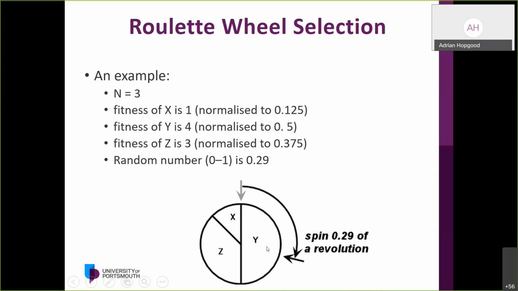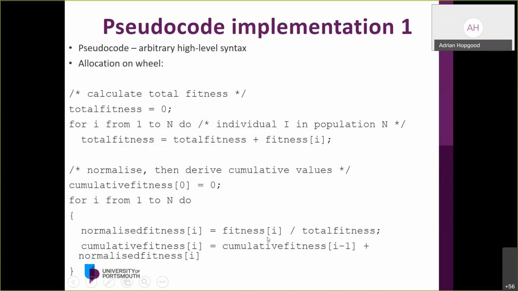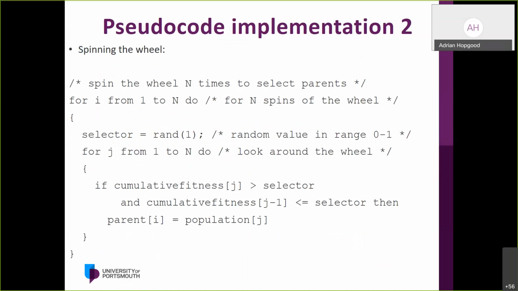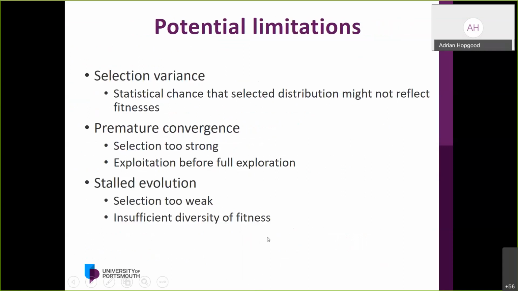Because Y has the greatest share of the roulette wheel, it has the greatest chance of selection. X, conversely, has the smallest chance of selection. And there's some computer code to implement that. If anybody's interested, that's on the slides that you can have a look at and download later.